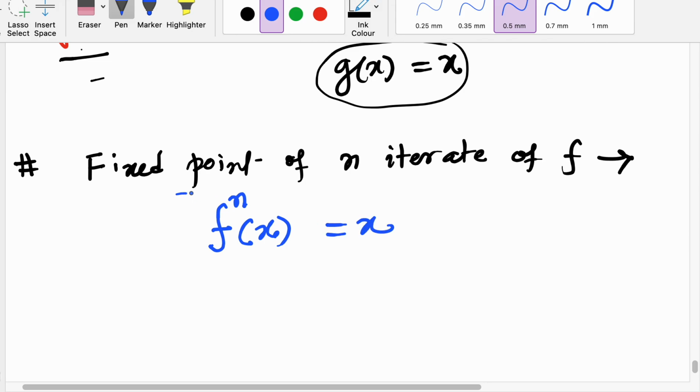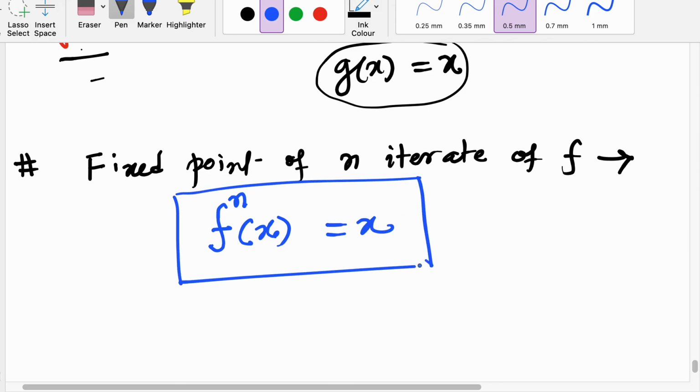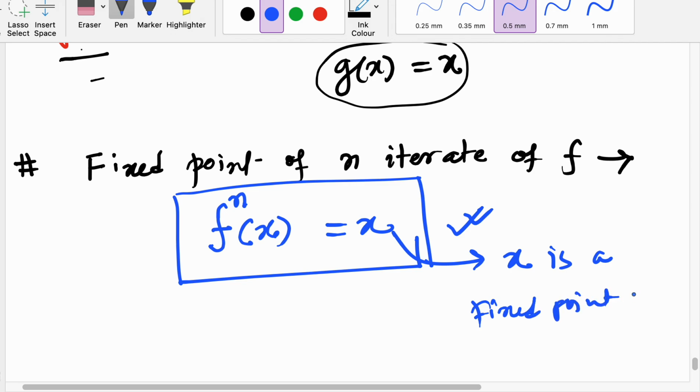If there exists an x which satisfies this equation, we call this x a fixed point of f^n, since this point remains fixed under the action of f^n.